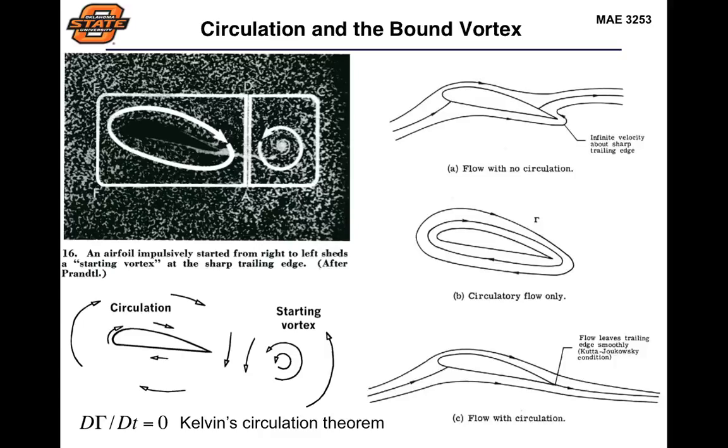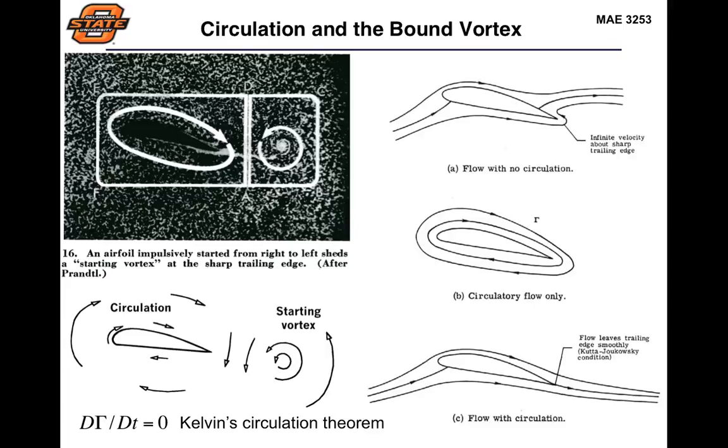Now, we know this is true because when we stop that airfoil from moving, we also see an opposite sign vortex from the starting vortex shed, and so those two vortices essentially cancel each other out. So we have that bound vortex, which is providing this rotational flow about the airfoil.